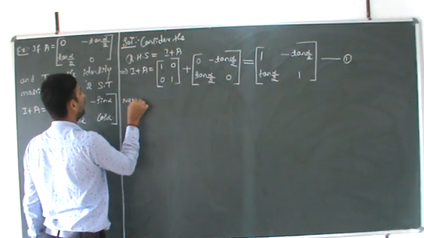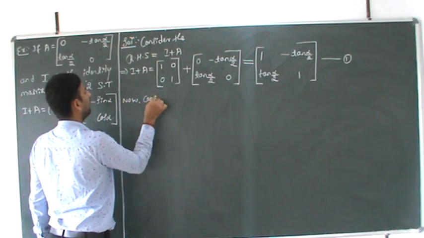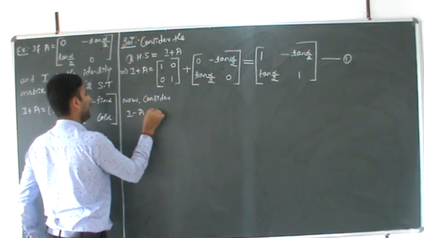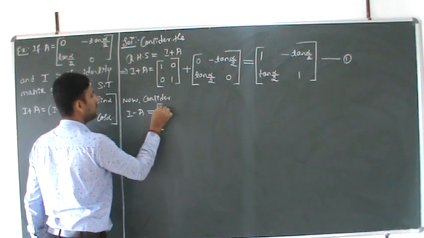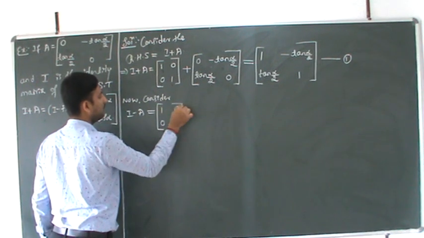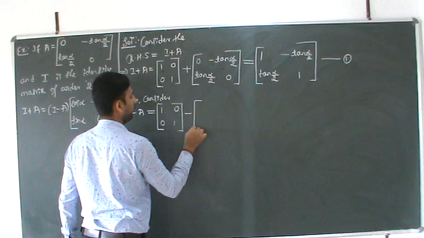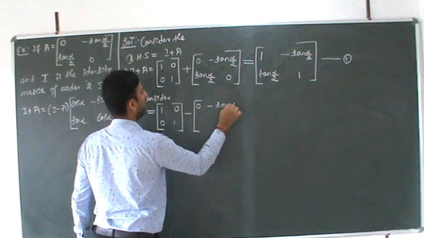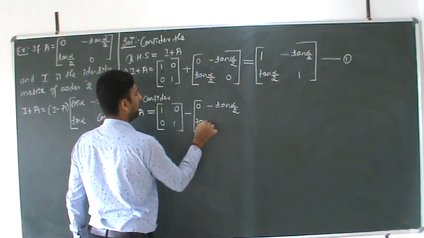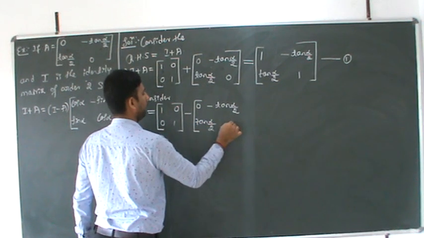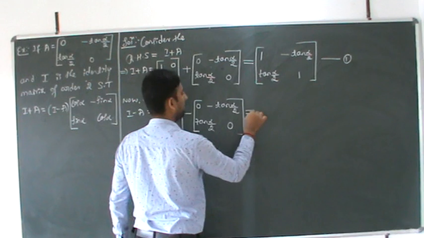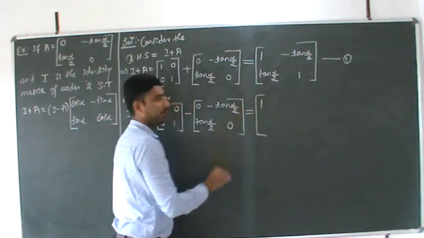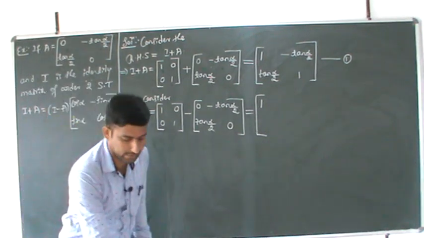Now consider I minus A, which is equal to I, that is [1, 0; 0, 1], minus A, that is [0, minus tan alpha by 2; tan alpha by 2, 0], which is equal to 1 minus 0, that is you keep it as 1 as it is.